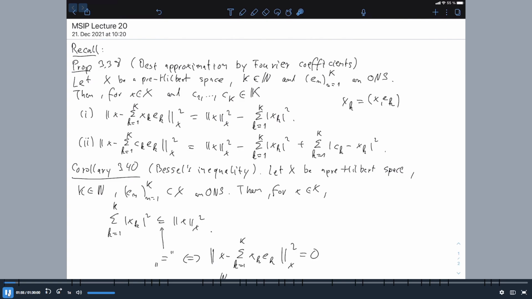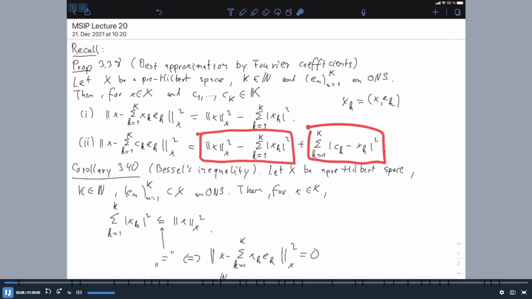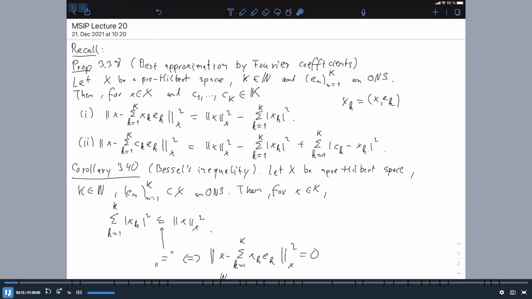And if we use any other coefficients, so we replace the Fourier coefficients by arbitrary coefficients, then we are making the same error plus the deviation from the Fourier coefficients. So we get the optimal approximation of an x with our orthonormal system if we use the Fourier coefficients. That's a direct consequence of these two equalities here.